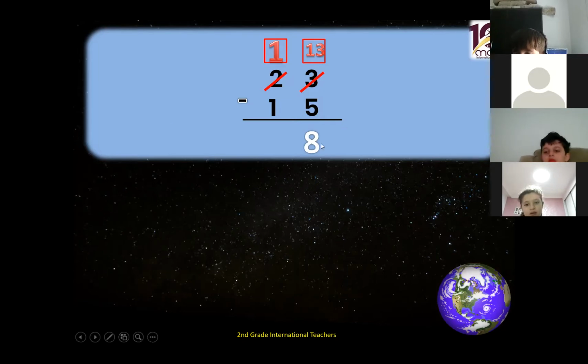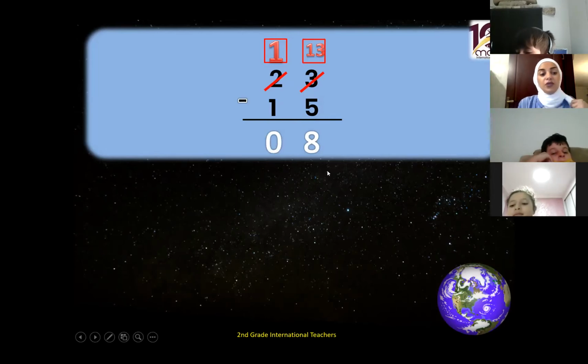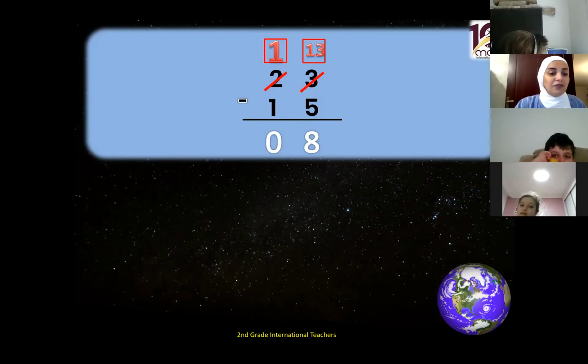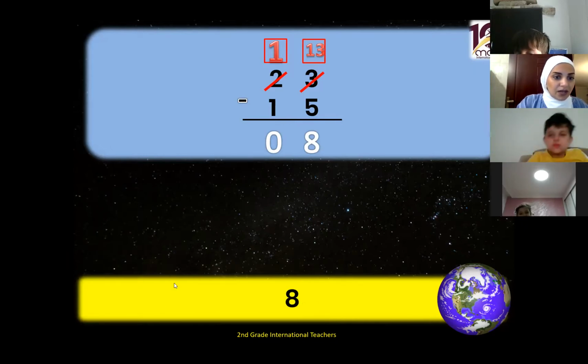Do we have to write it when it's on the left? We don't have to, okay? But it's okay if we wrote it. Because if it's the last number on the left, you don't have to write it. Thank you, Alma. The answer is 8.